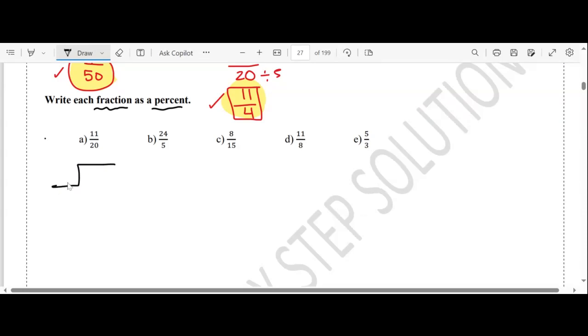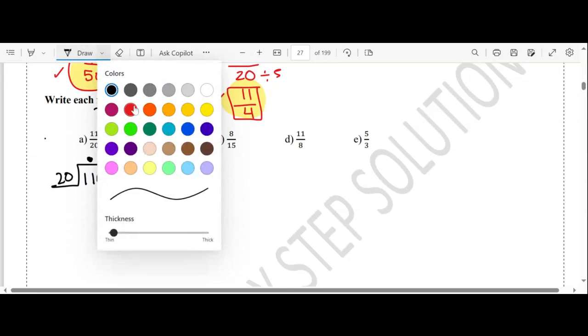So let's do long division first. 11 divided by what? 20. Put the point here. 20 goes into 11? Cannot. So we have to put 0 here.